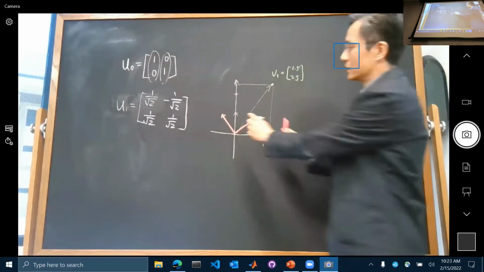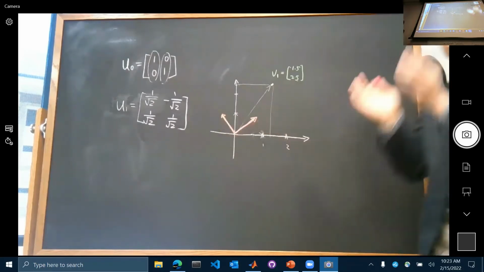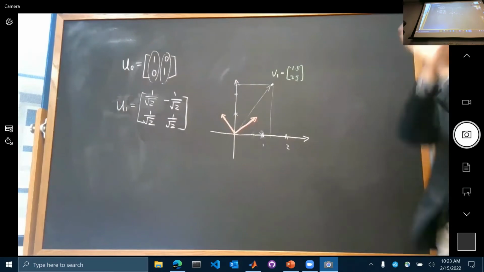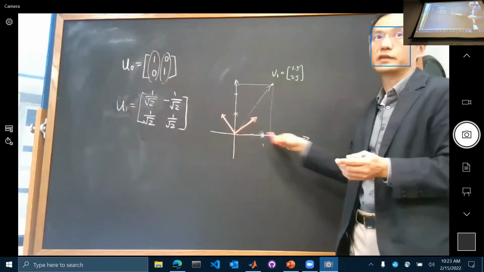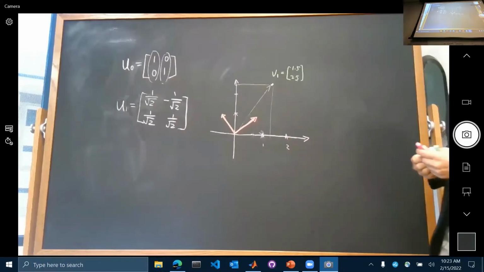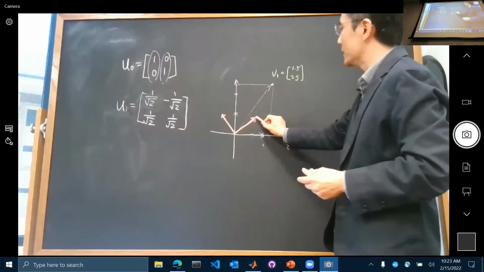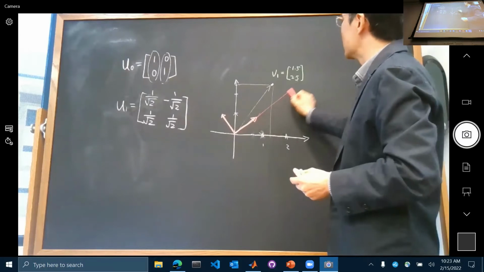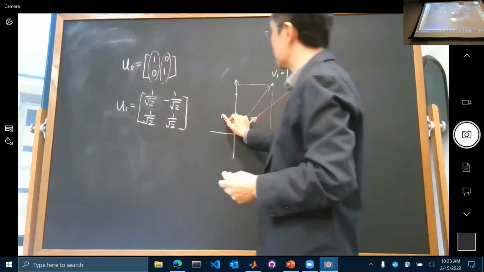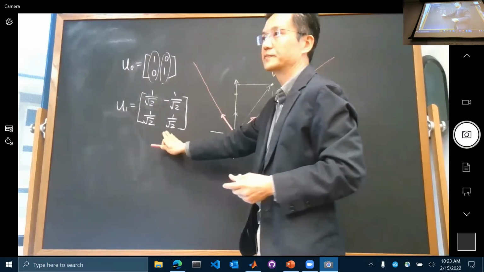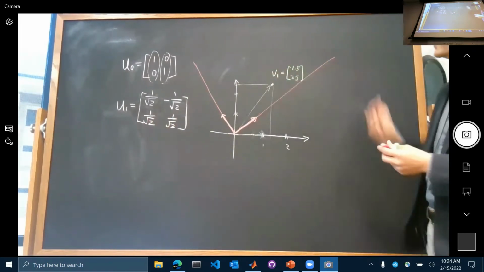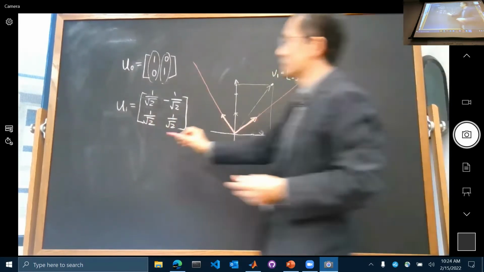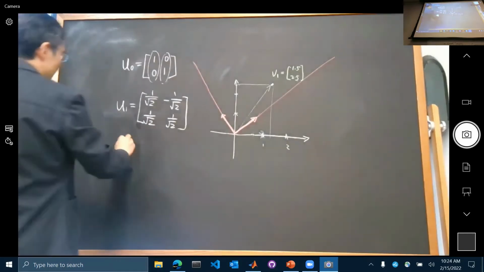This new coordinate system is a 45 degree turn from the original one. Now my new coordinate system is defined by these two vectors here.